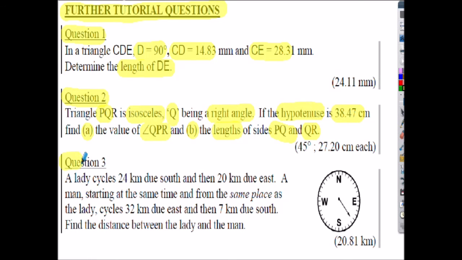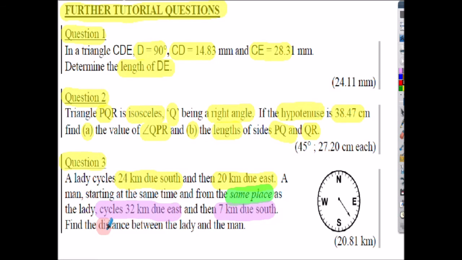In question 3, a lady cycles 24 kilometres due south and then 20 kilometres due east. A man starting at the same time and from the same place, that's quite key to the problem, cycles 32 kilometres due east and then 7 kilometres due south.